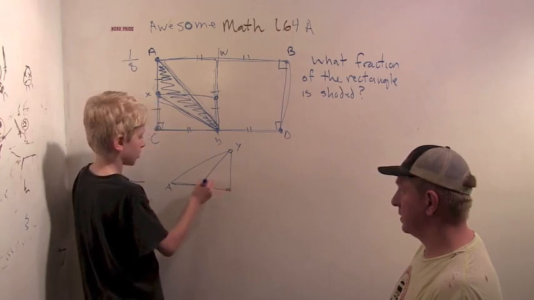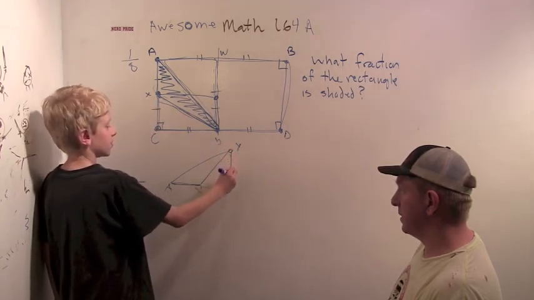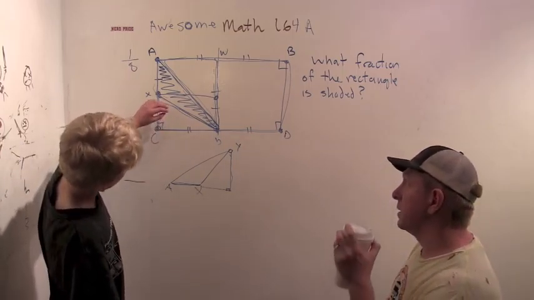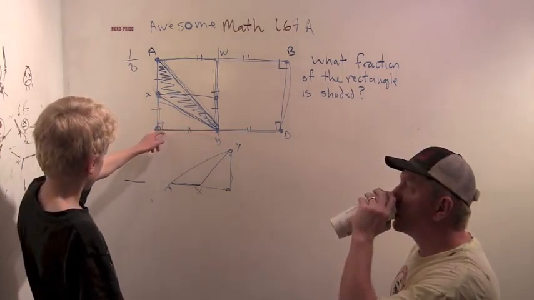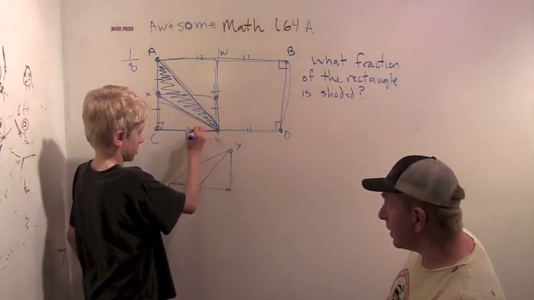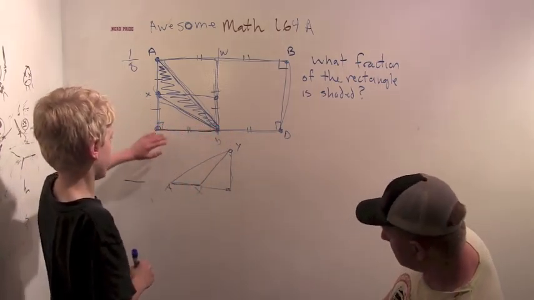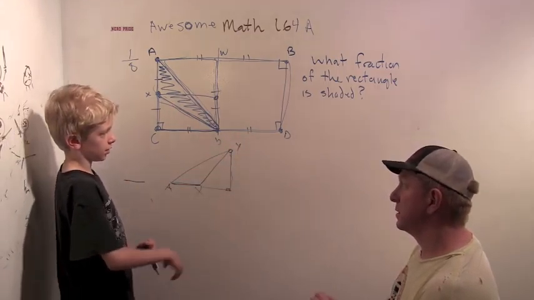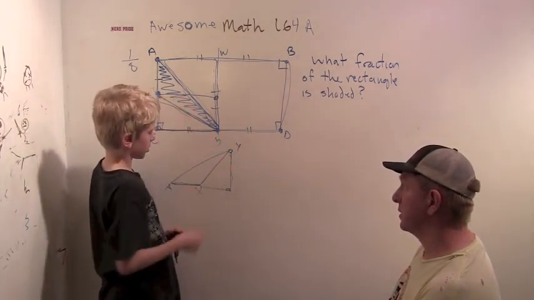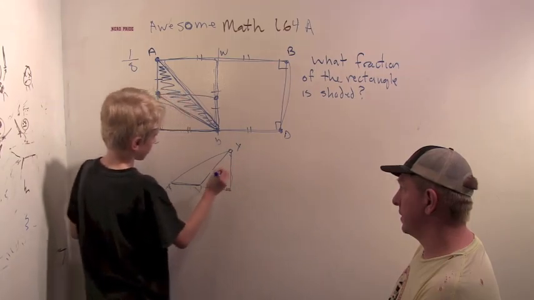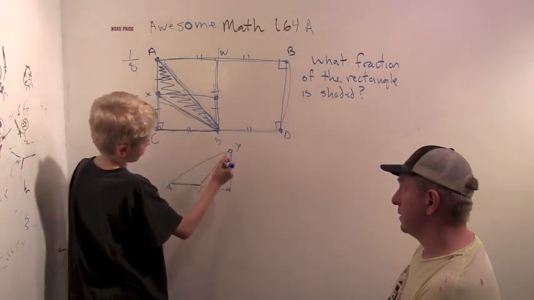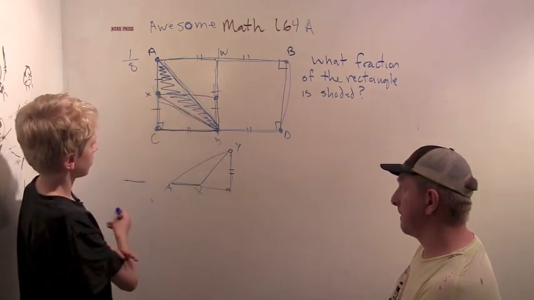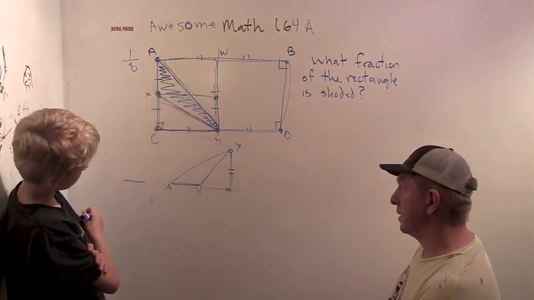So this is a right angle, coming down here. This height is half of this side, it's half of CD.